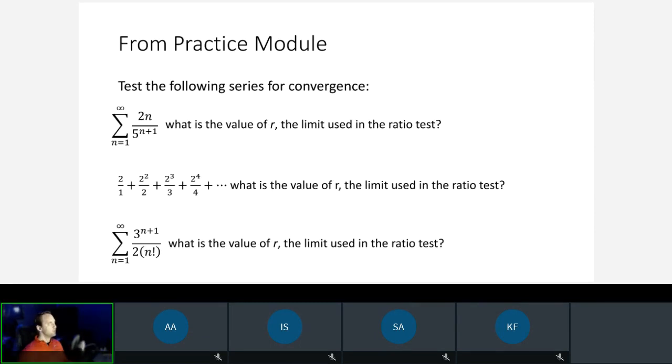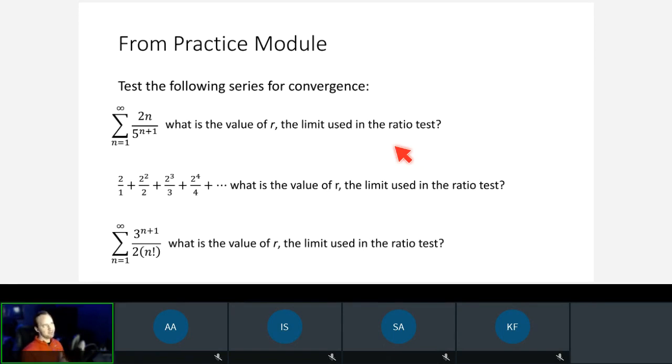But this way, I have this example, and I want to know the value of R, the limit used in the ratio test. What is the value of R, which is the limit used in the ratio test? On your practice module, they use the variable R as the ratio test value, but we've been using R as the common ratio for geometric series.